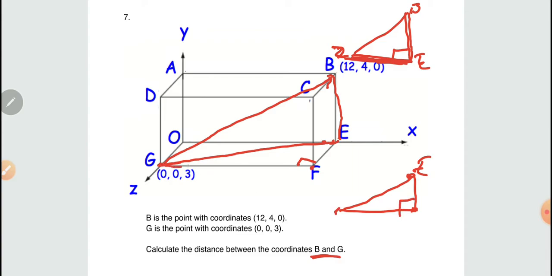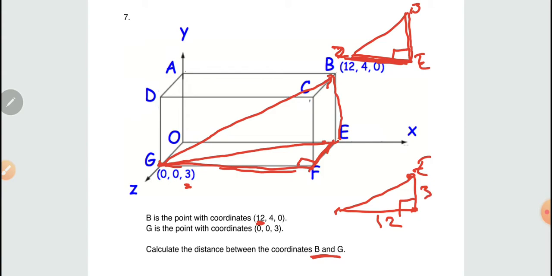Now from here to here is 12, because they told us B was 12 along the x-axis. So however far B has gone along the axis, F has gone the same distance. So this is 12. And this length here is the same, it's come out on the z-axis, same as G, which is 3. So this bit here must be 3.